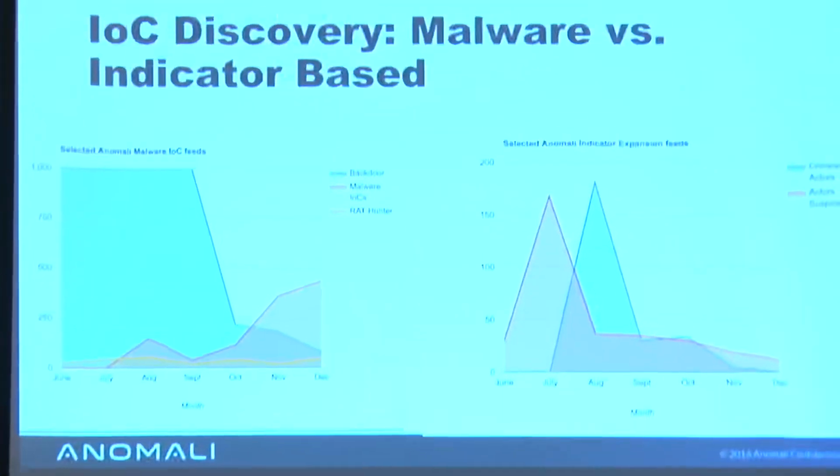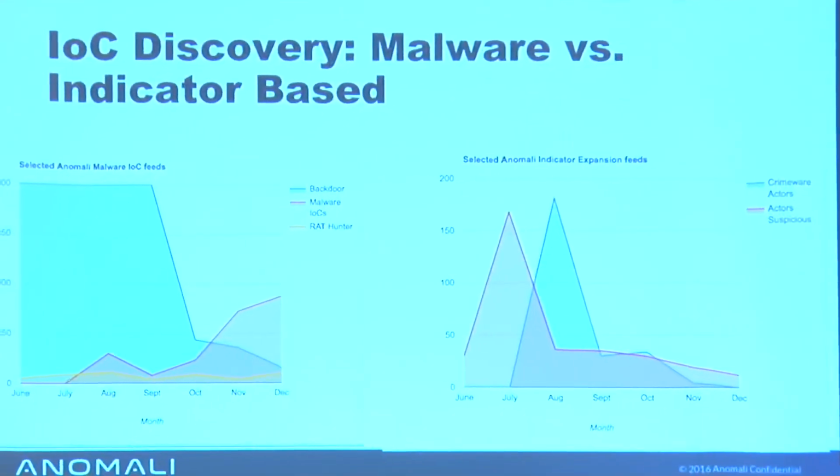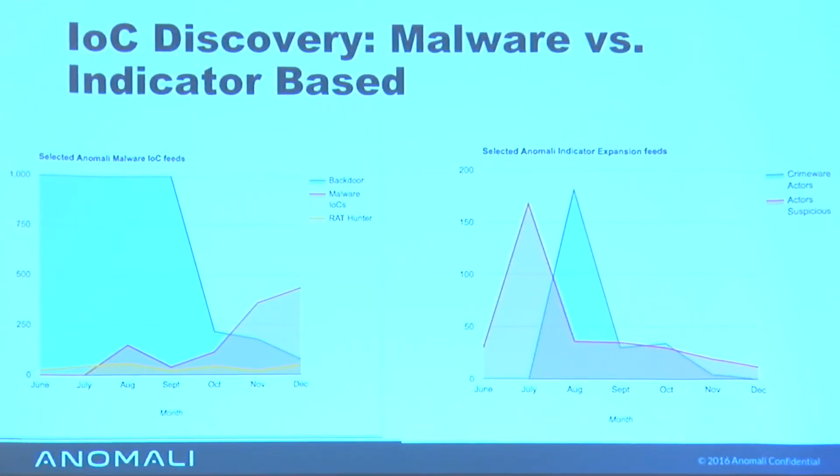And if you also look at the two graphs, the config dumper feeds are in the thousands and high hundreds, while these other sets of feeds over on the right are based on indicator expansion methodologies. If you were in here when Alex was talking a little bit ago, he was talking about indicator expansion as well. In the very simplistic sense, it's: I know bad guys use this domain.